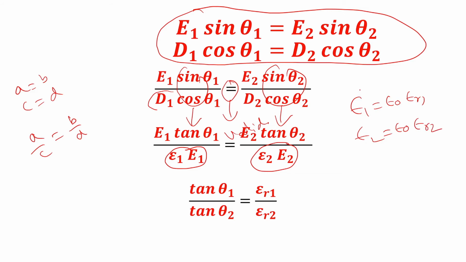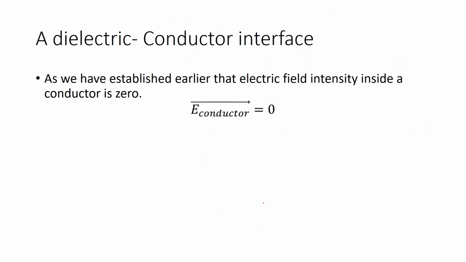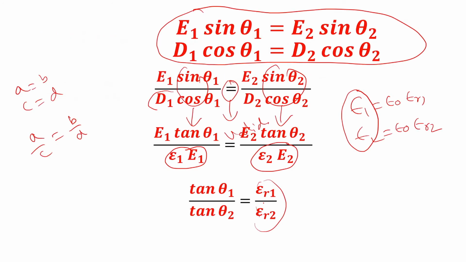The ratio of these two permittivities is epsilon r1 by epsilon r2. So these are the relationships for the dielectric interface.